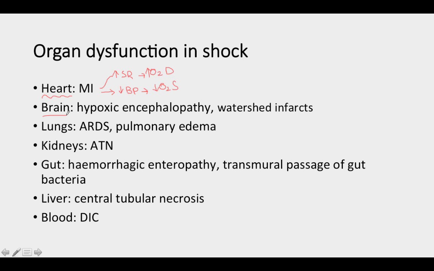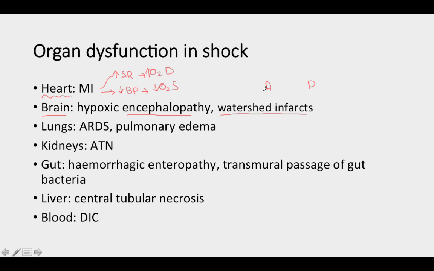In terms of the brain, decreased perfusion means that you can get a hypoxic or hypoxemic encephalopathy. And in more severe cases, you can get a watershed infarction. You might remember this from reading about strokes, but a watershed infarction is essentially ischemia that occurs in the most distal aspect of the anterior and posterior circulation.